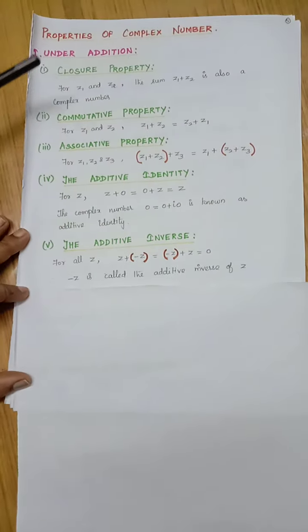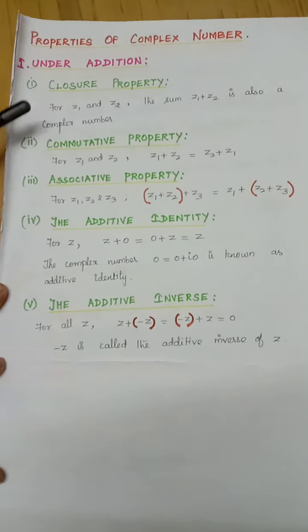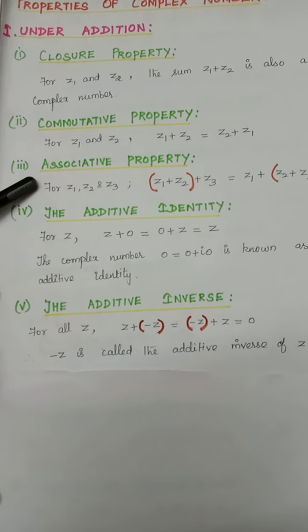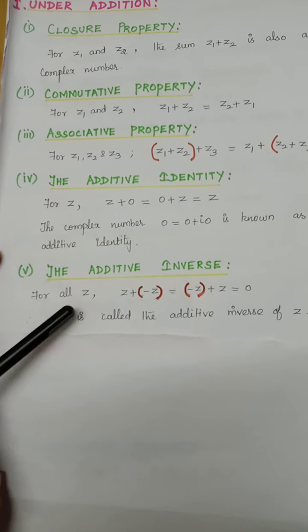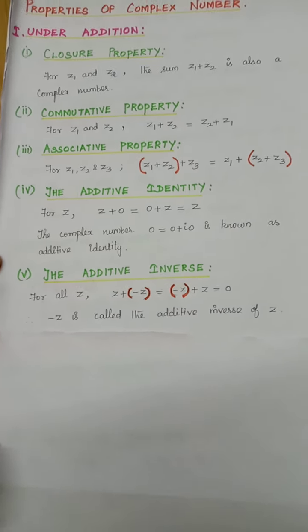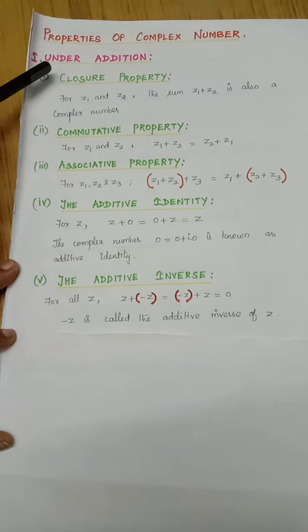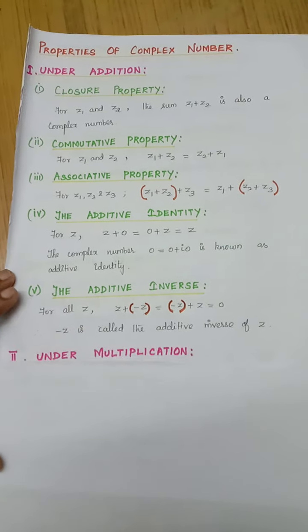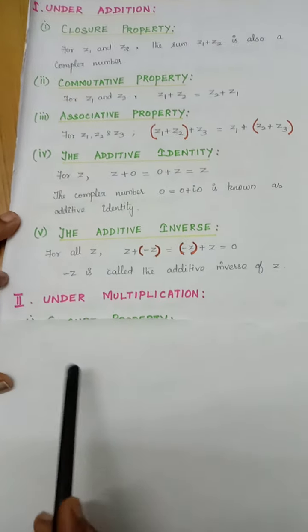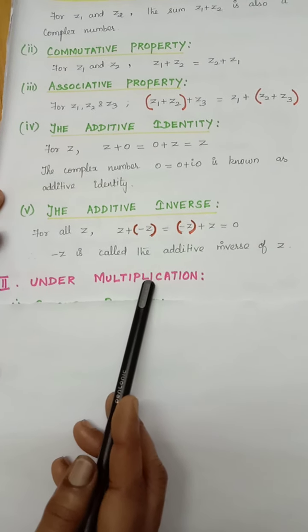So you have closure, commutative, associative properties, additive identity and additive inverse for complex numbers under addition. In the same way, we are going to see the same properties under multiplication.